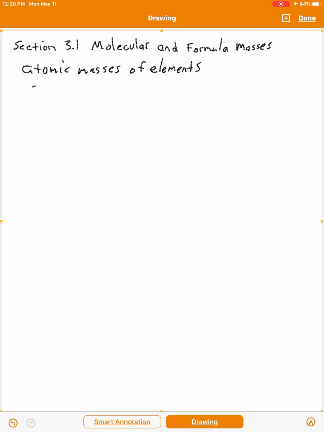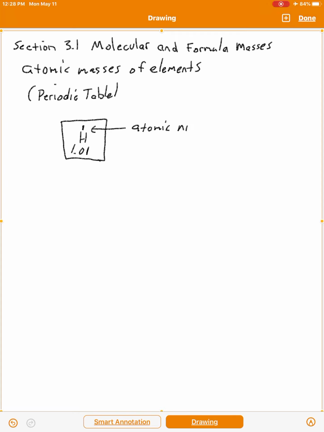So when you look in the periodic table, of course you want to be looking in the periodic table to review these values. They are given typically below the symbol for the element. So this is hydrogen, and let's remind ourselves, this number up here is not the atomic mass, but the atomic number.